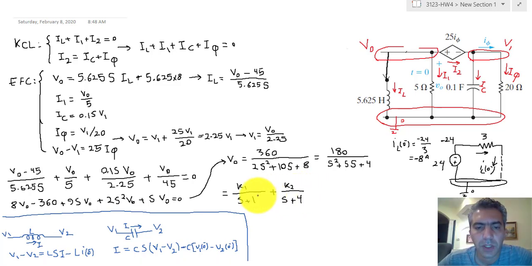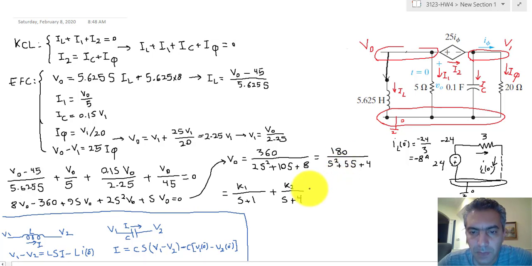So then to calculate K1 and K2, there are all these different techniques that we have discussed. You can multiply both sides by s plus 1 and then evaluate what's left of it at s equals minus 1, which means K1 becomes 180 divided by 3 or 60.